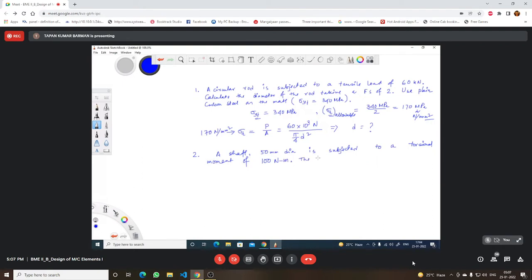The shaft material is plain carbon steel having sigma YT as say 340 MPa, same value. Calculate the factor of safety of the design.